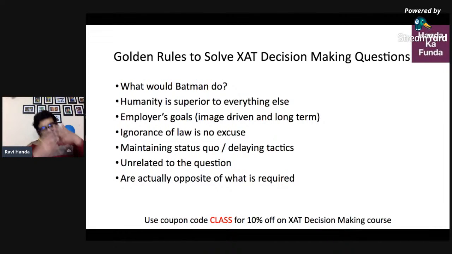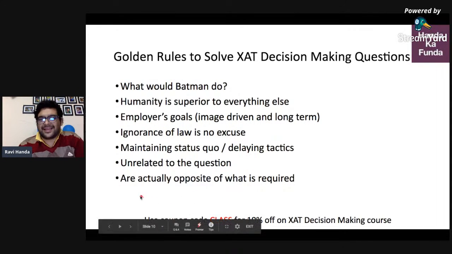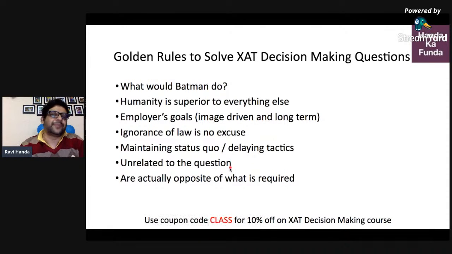And in some of the options, what you will see is they're trying to achieve the opposite of your intended goal. These are the easiest to spot. Eliminate those. Maintaining status quo and delaying tactics should be eliminated. Options unrelated to the question should be eliminated.